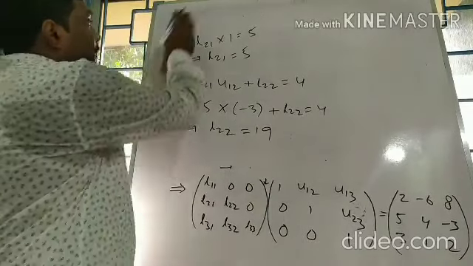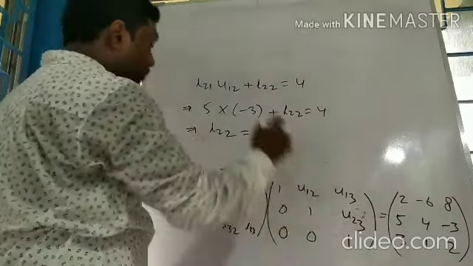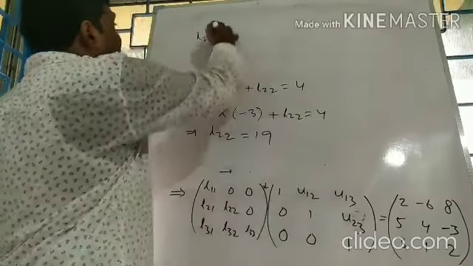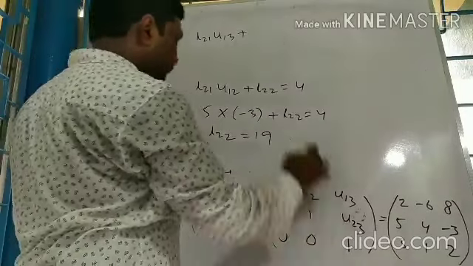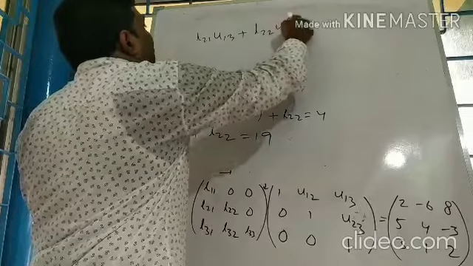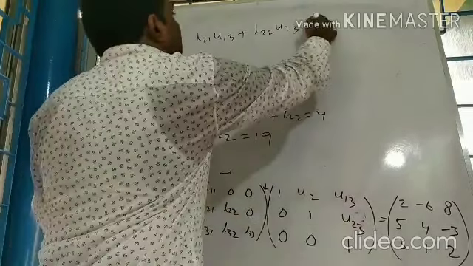Okay. Next, second row, third column. So L21 into U13 plus L22 into U23 plus 0 into 1 equals minus 3.